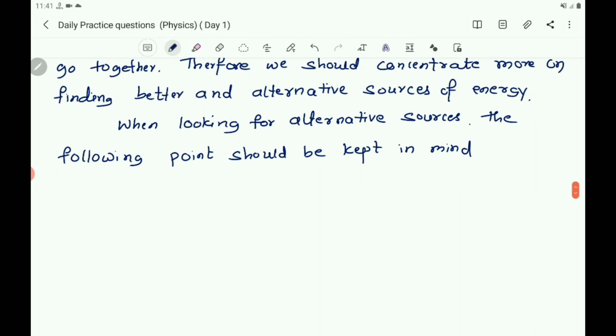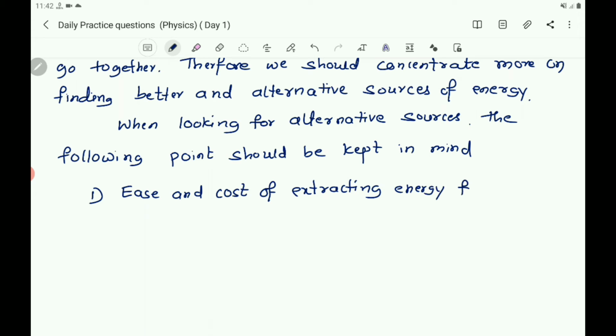First one, ease and cost of extracting energy from the source.